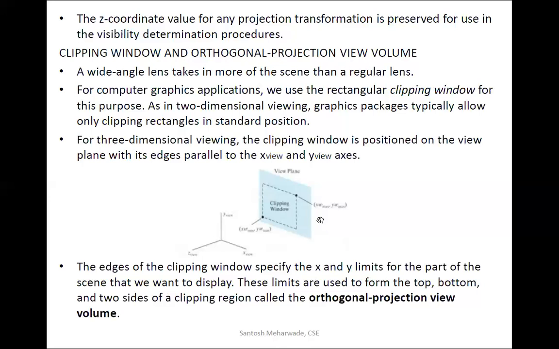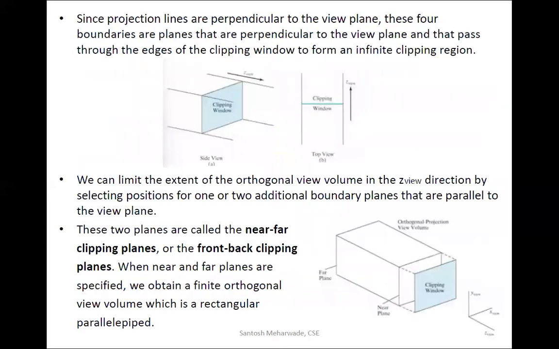this concept. Now here you can see the side view and top view of this orthogonal projection. As I've said many times, in parallel projections, all the rays that are coming from the object are always parallel to each other.